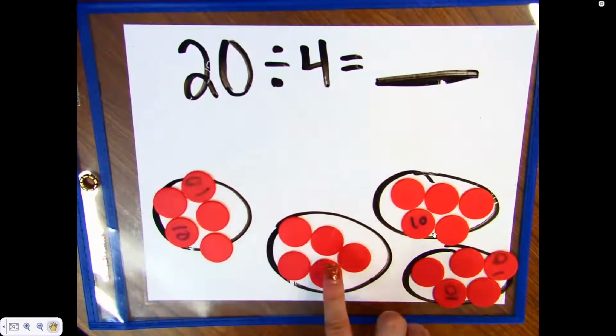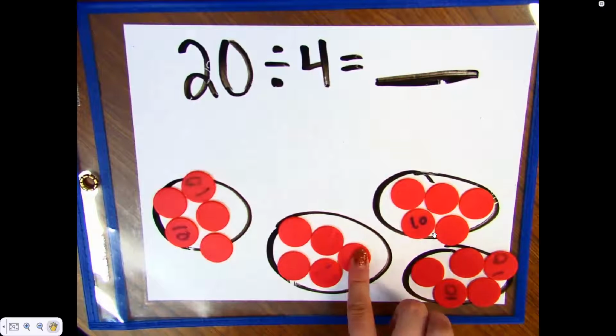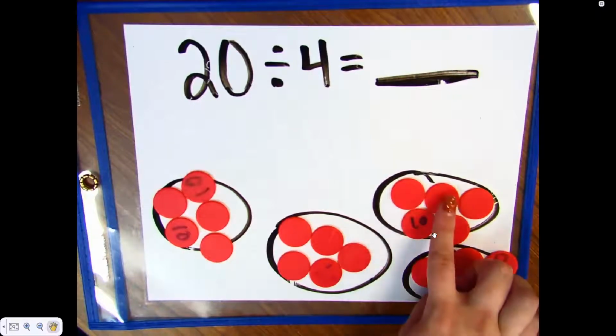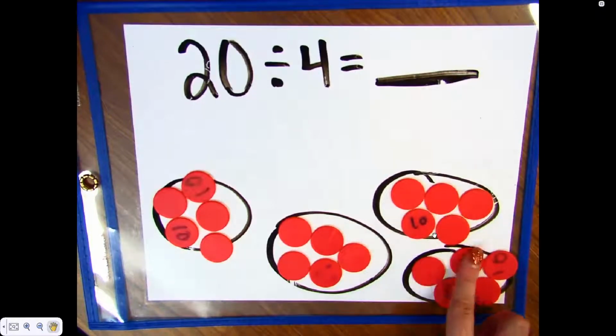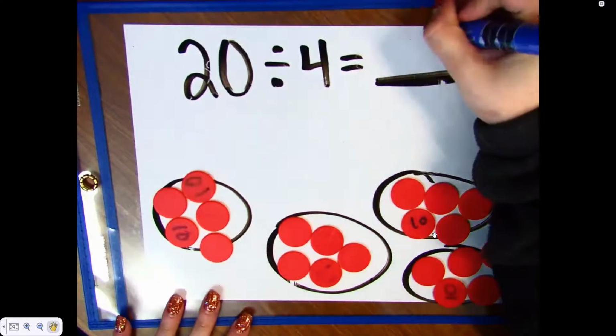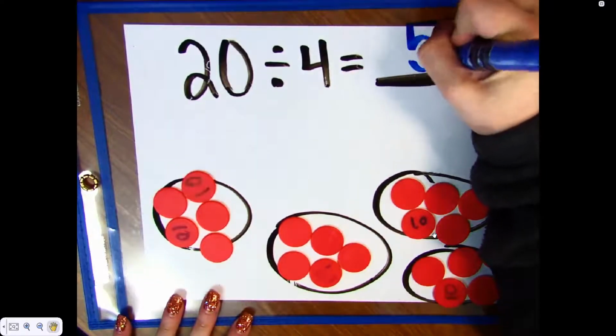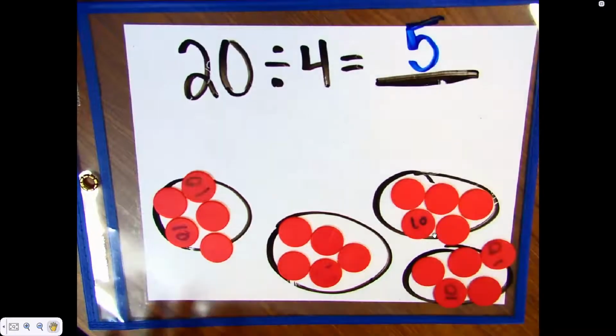So I have 5 counters in each group. So my 5 is then going to go right here in my missing number. So 20 divided by 4 equals 5.